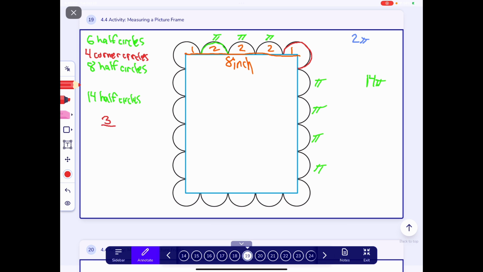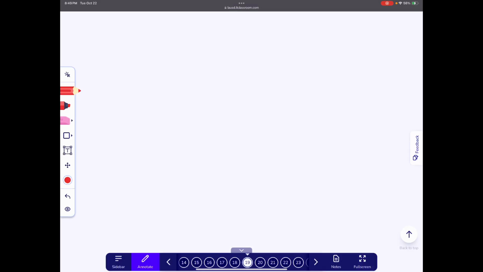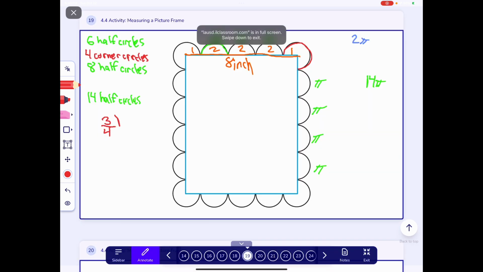So 3/4 times the diameter, and then times pi.